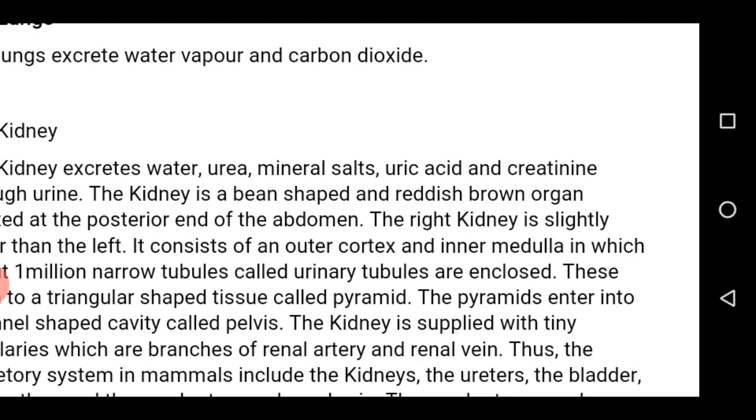I mean, inside the kidney there are many tubules called urinary tubules, which are the functional unit of excretion. The urinary tubules are inside the kidney. They are the functional unit for excretion.